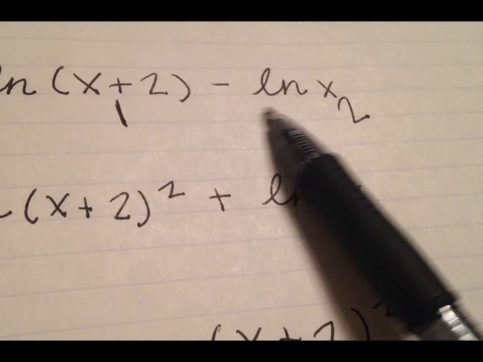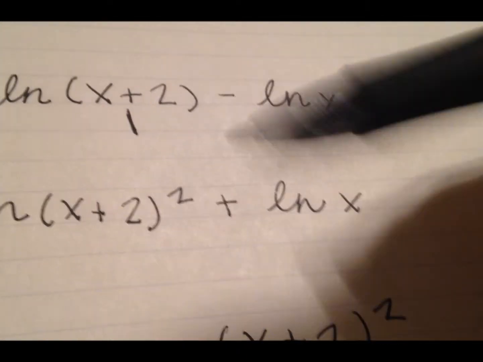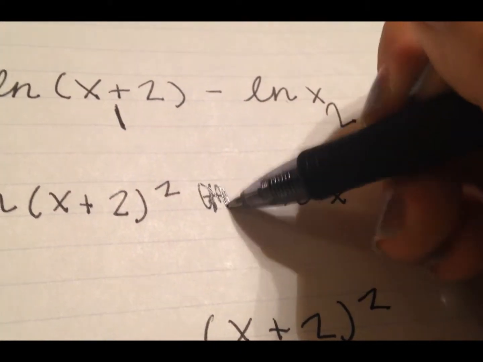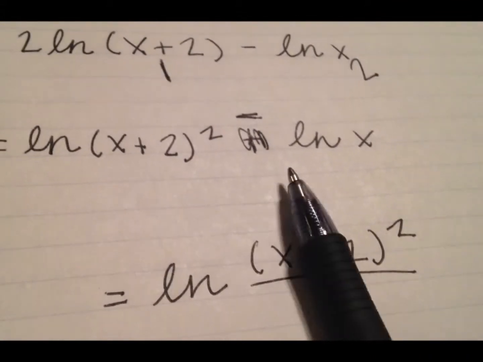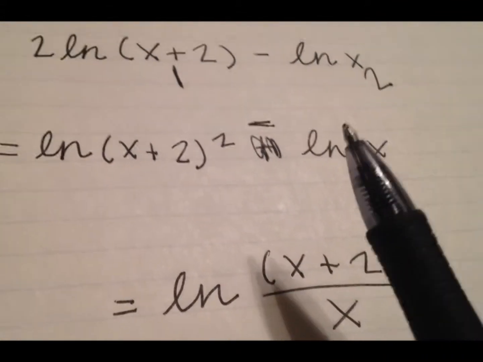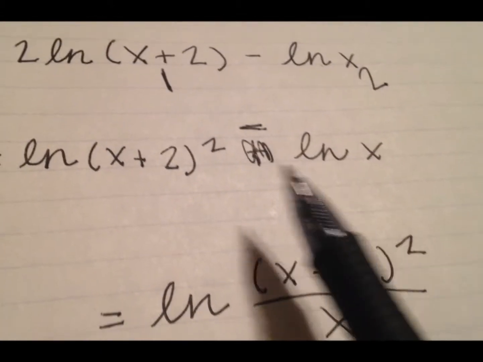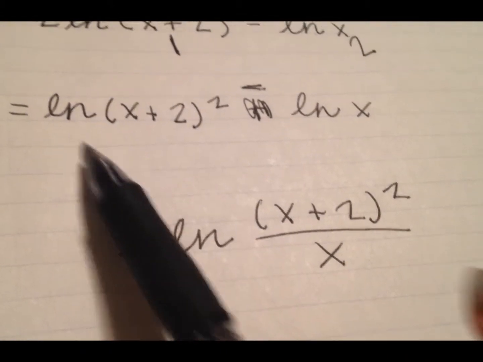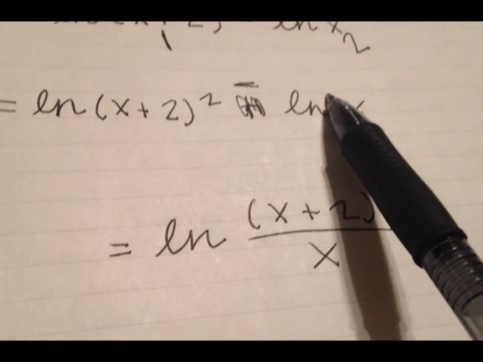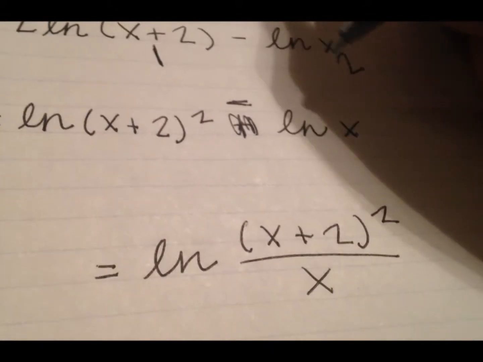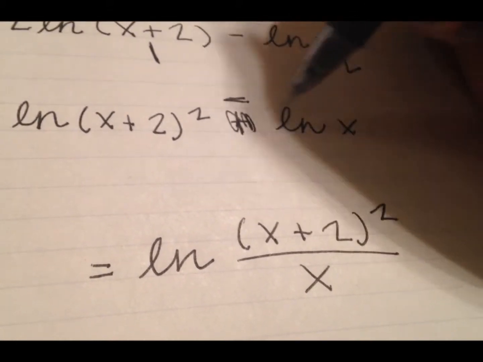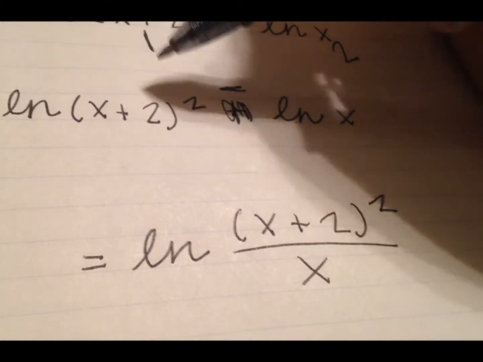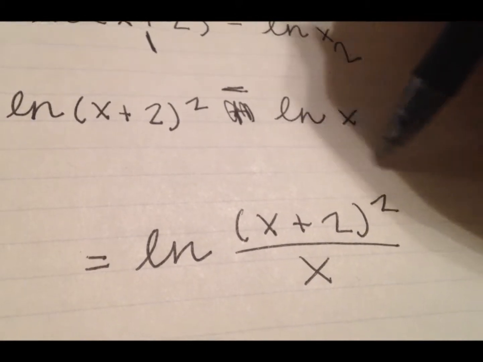And you're going to leave this one alone because there's not really anything you can do here. And I'm sorry, this should actually be a minus sign. And since you are subtracting them, you are going to be dividing, like we said before. So the terms that are being subtracted, you're going to put over each other. Forget the line that is here, because the subtraction sign is going to be talking about these two.